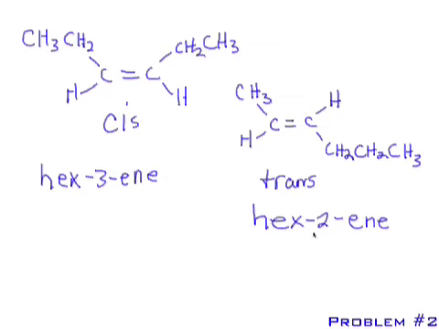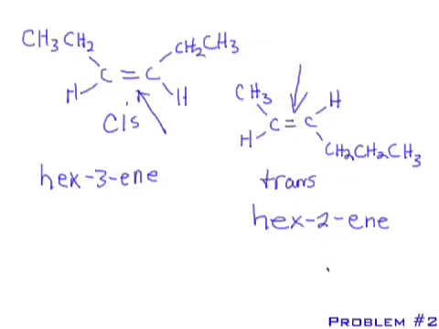They are structurally different. The structure varies not in hindered bond rotation, but where the double bond is. In this structure, the double bond occurs at carbon 3. In this structure, the double bond occurs at carbon 2.